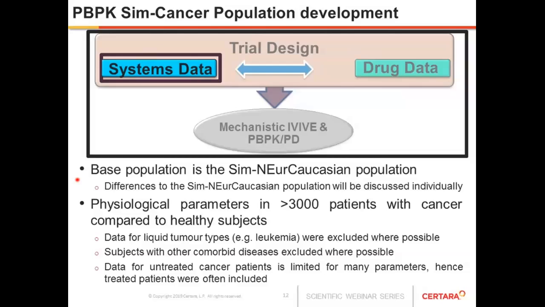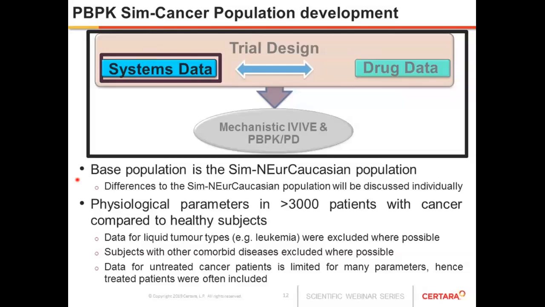In total, we used a large number of literature sources to do this analysis, comparing with healthy subjects. The brief was to look at solid tumor cancers, so we excluded liquid tumor types where possible, also because these may potentially affect plasma proteins and other biochemistry in the blood.